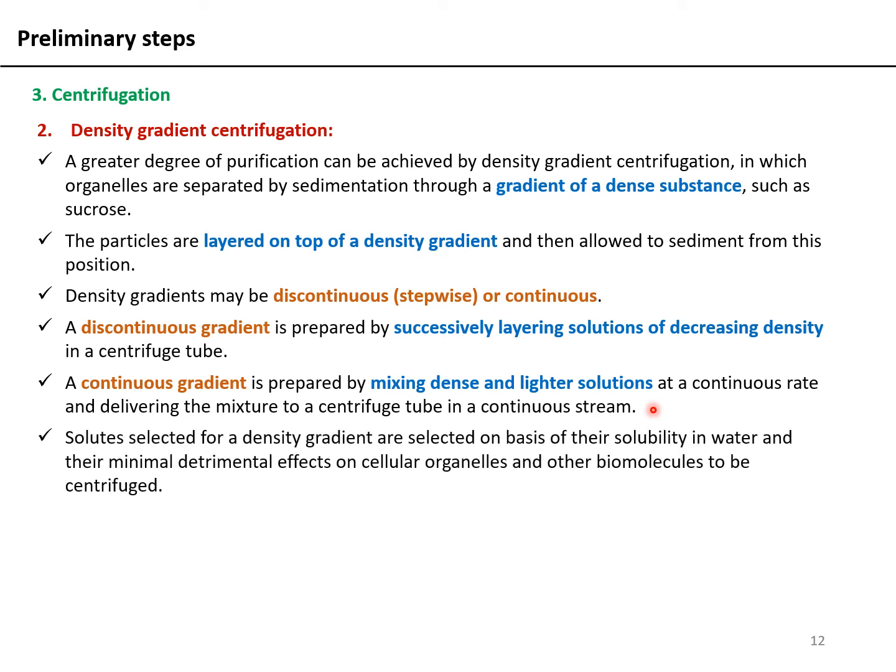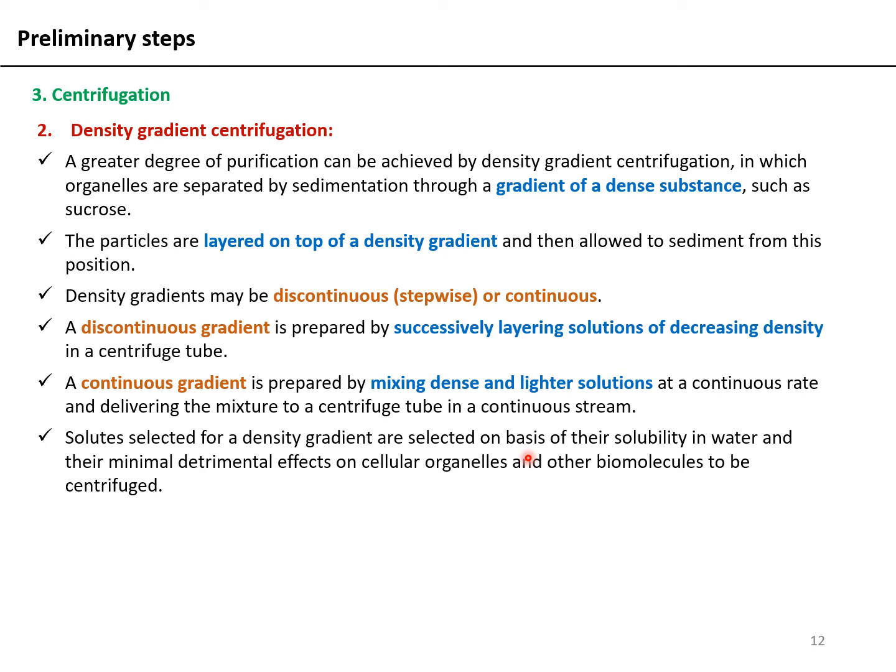Solutes selected for a density gradient are selected on the basis of their solubility in water and their minimal detrimental effects on the cellular organelles and other biomolecules to be centrifuged. So it is to be kept in mind that whatever solute you are selecting for generating the gradient, that should in no way be detrimental to your protein or to your sample.